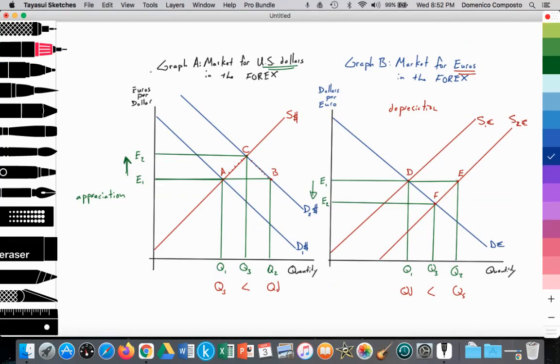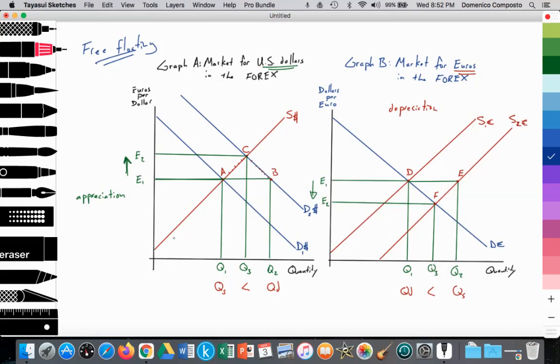Here we have graph A and graph B illustrating a free floating exchange rate system. In graph A, we're looking at the market for US dollars in the foreign exchange rate system. In graph B, we're looking at the market for euros, again, in the foreign exchange rate system.